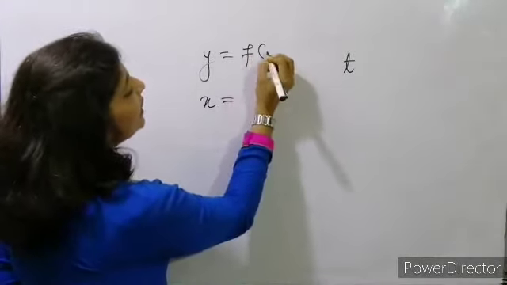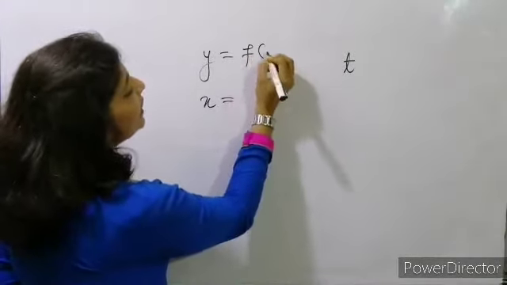So dx upon dt will be 2a, as we differentiate with respect to t, and for t squared we get 2t, so this will be 2at.